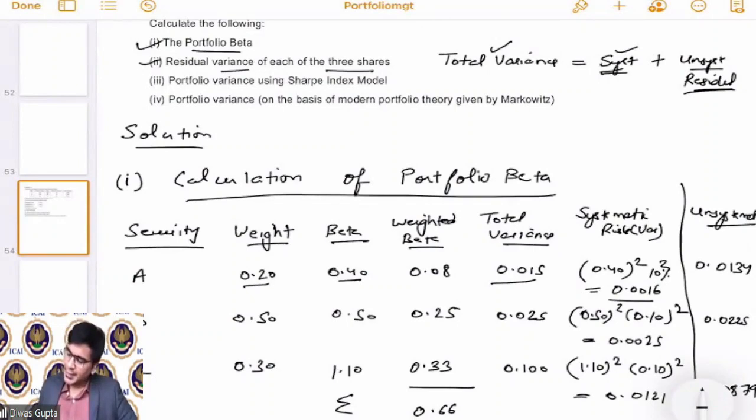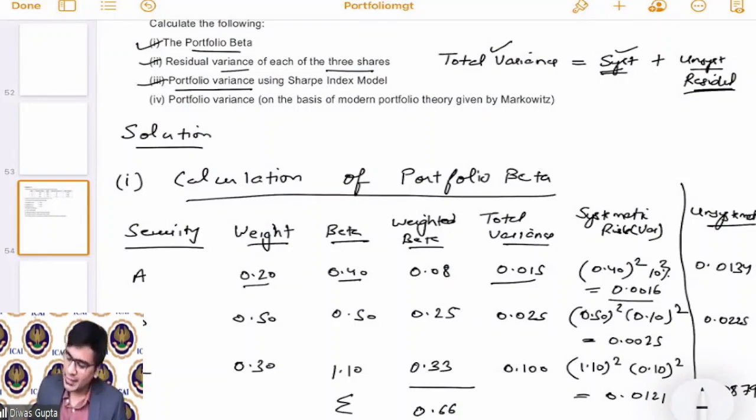Now, the next part of the question is to calculate the portfolio variance. Portfolio variance we know. Now, portfolio variance, when it comes, so we have studied that as of now there are two ways to calculate portfolio variance. One is as per the Markowitz portfolio theory, which is the modern portfolio theory, MPT, and another one is the Sharpe's index model, which is the single index model as well.